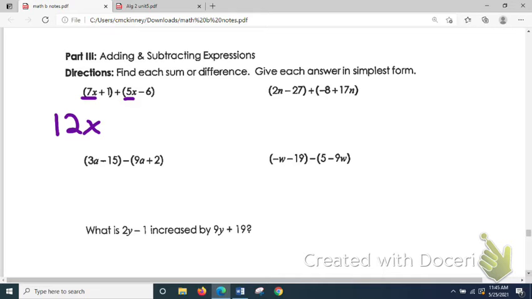And then we can also put together the two constants, the +1 and the -6, to make -5. And then that's as much as we can do, right? So we're just combining those like terms. Not so different than what we've seen before.